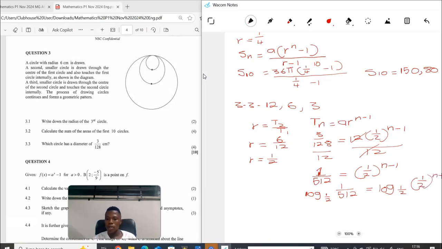Just press the whole thing into a calculator.